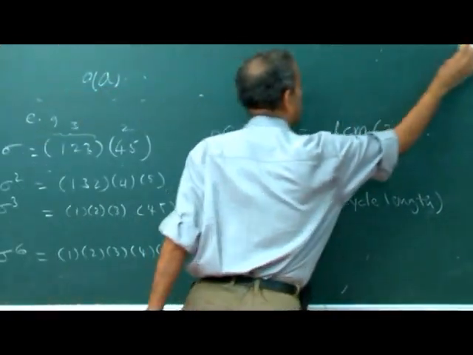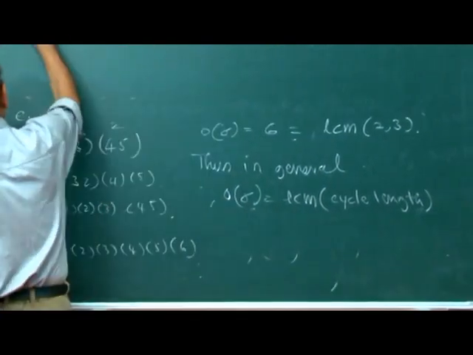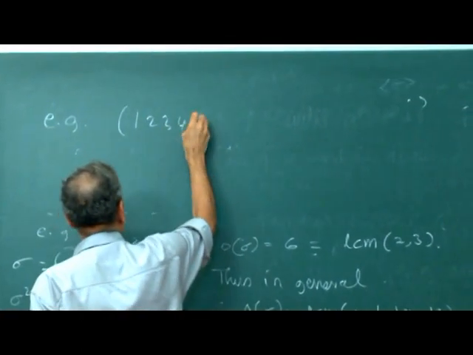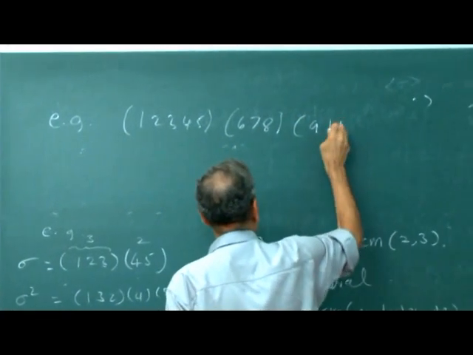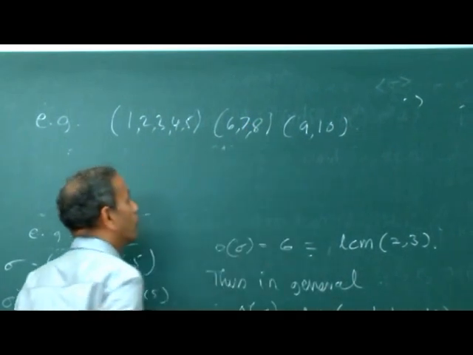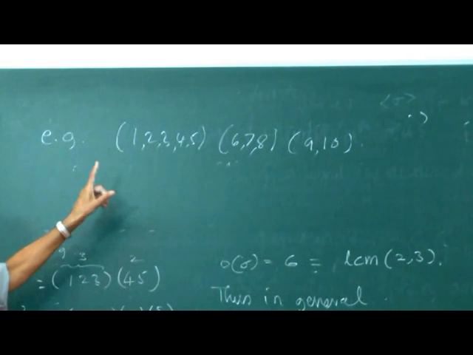For example, if you consider say 1, 2, 3, 4, 5, 6, 7, 8, 9, 10, let us consider this permutation. So what does this permutation do? This is on 10 letters. It permutes 10 letters.